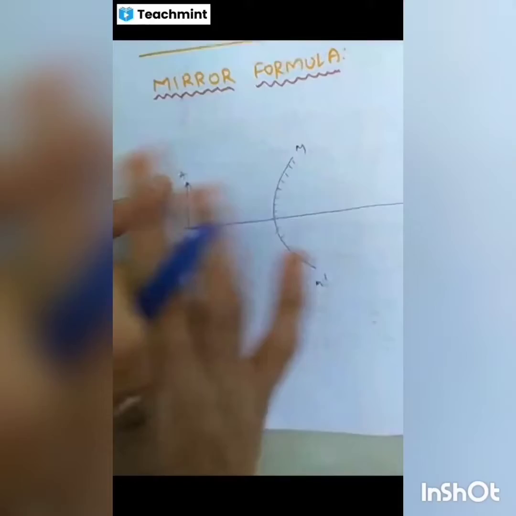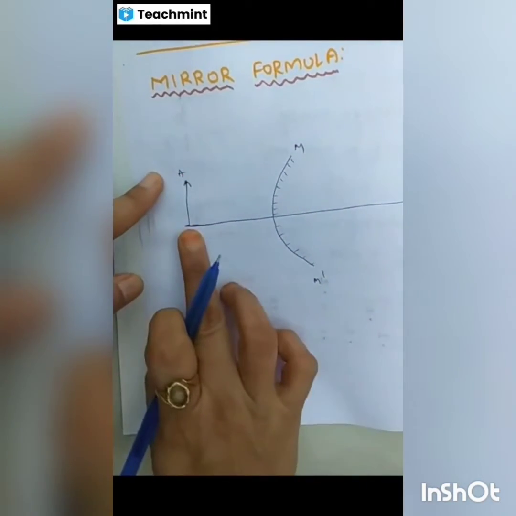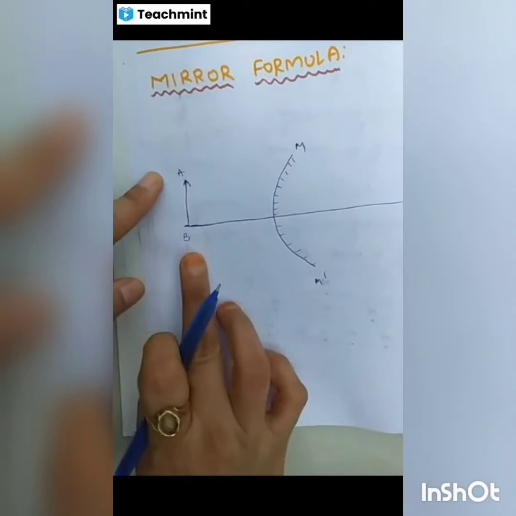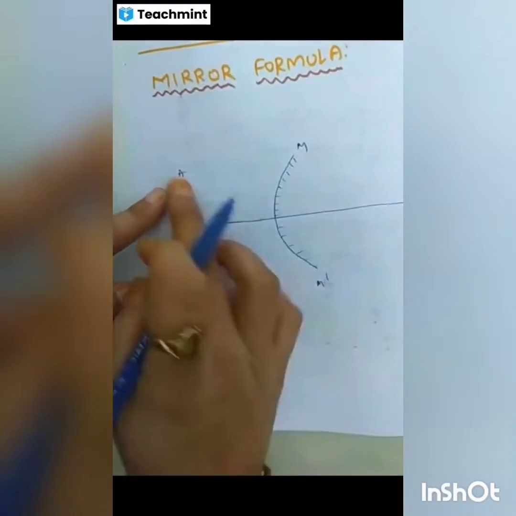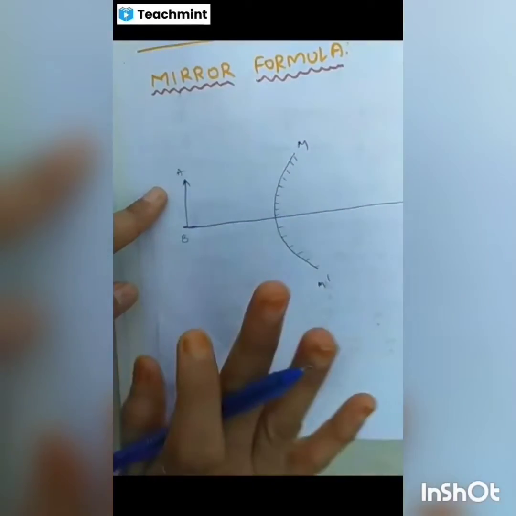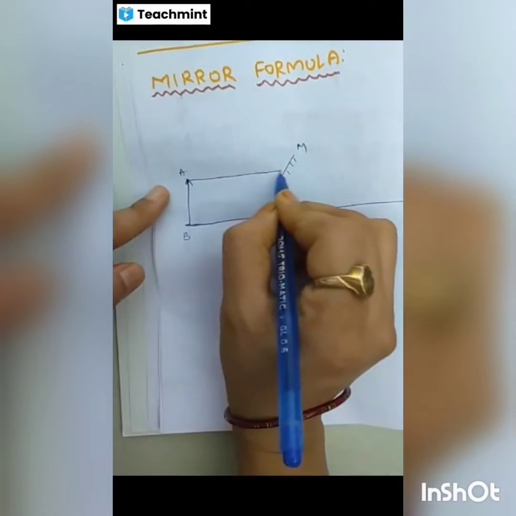So from this we can derive that. So what happens? Light from this object incident on the mirror, and we know light travels in all directions in a straight line, is it not? So we draw some light rays like this.